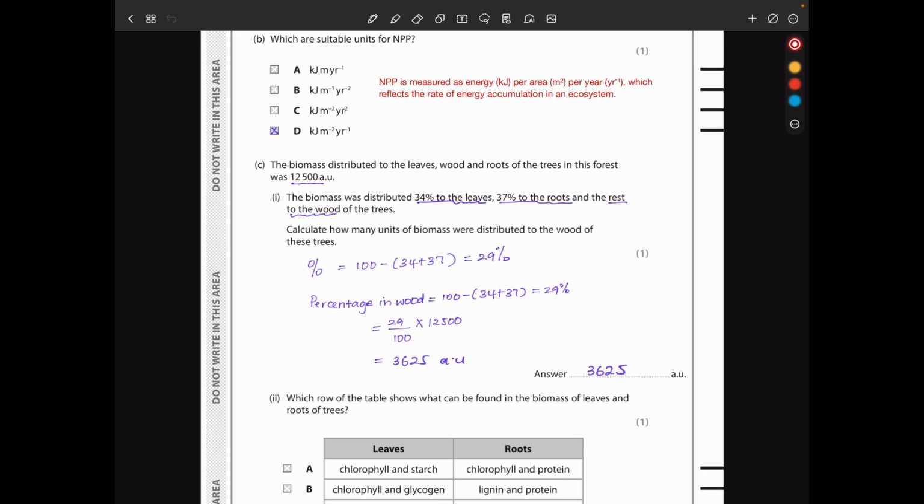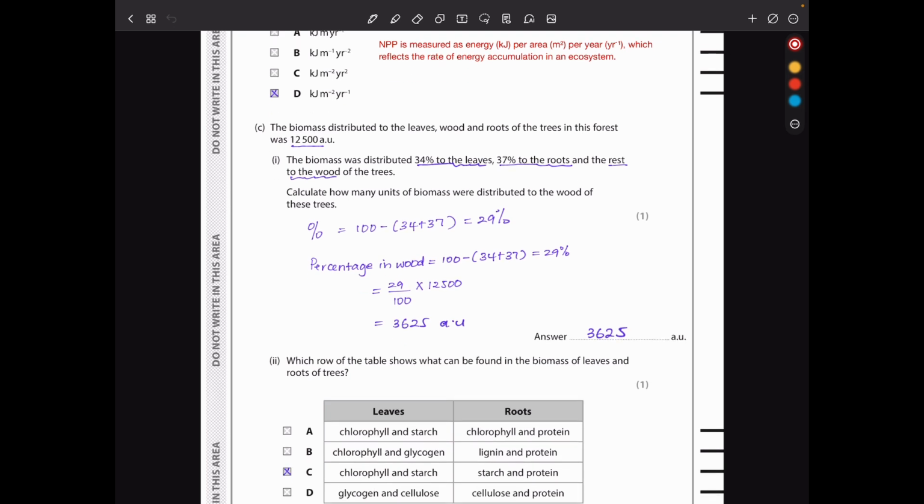In part C, they say the biomass distributed to the leaves, wood and roots of the trees in this forest was 12,500. The biomass was distributed 34% to the leaves, 37% to the roots, and the rest to the wood of the trees. Calculate how many units of biomass were distributed to the wood of the trees.